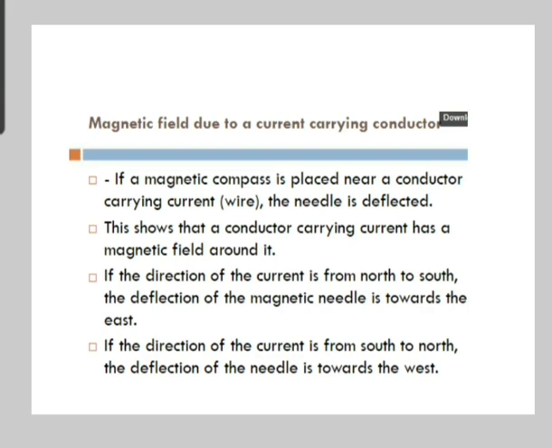If a magnetic compass is placed near a conductor carrying current, then the needle is deflected, and this shows that the conductor carrying current has a magnetic field around it. If the direction of the current is from north to south, then the deflection of the needle is towards the east. And if the direction of the current is from south to north, then the deflection of the needle is towards the west.